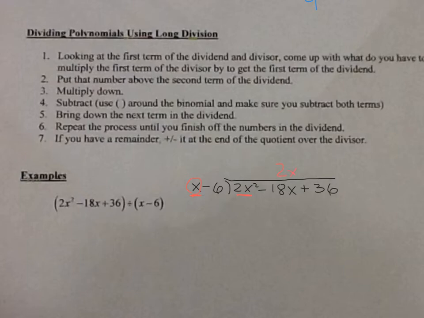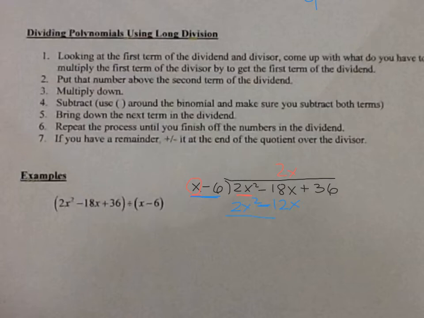Now you're going to multiply down. Just make sure when you multiply, you are multiplying the 2x times everything that's over here in the divisor. So I have 2x times negative 6 is negative 12x. And then I have 2x times x is 2x squared.